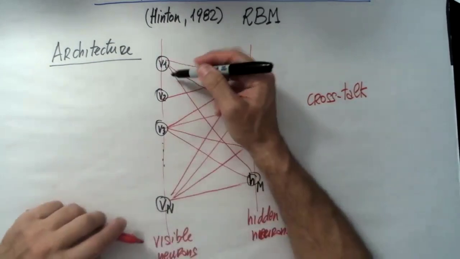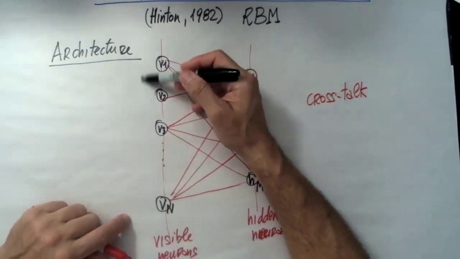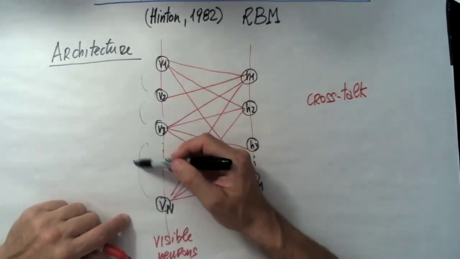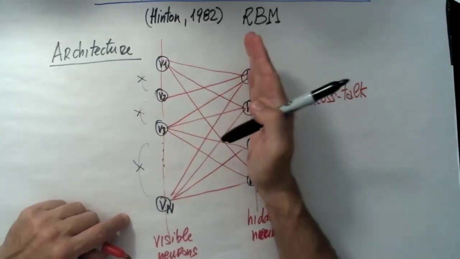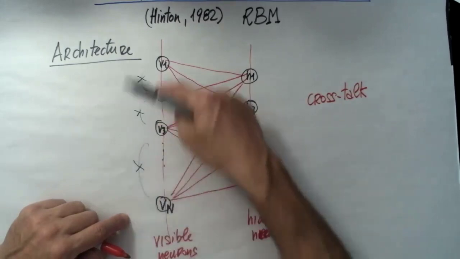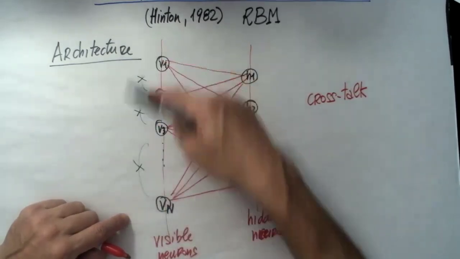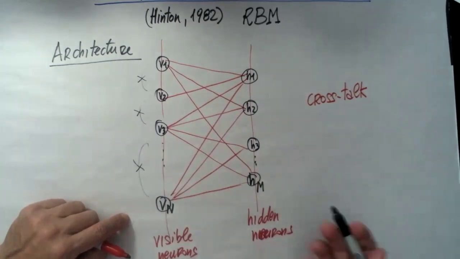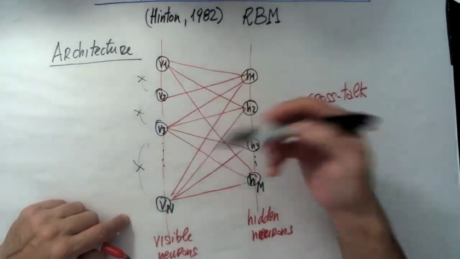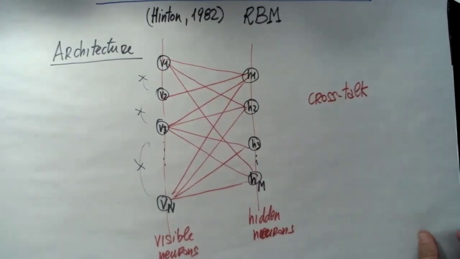There is no communication of neurons within each layer. So within each layer, the neurons don't interact, and similarly for the hidden layer. So that's why this is called a restricted Boltzmann machine.